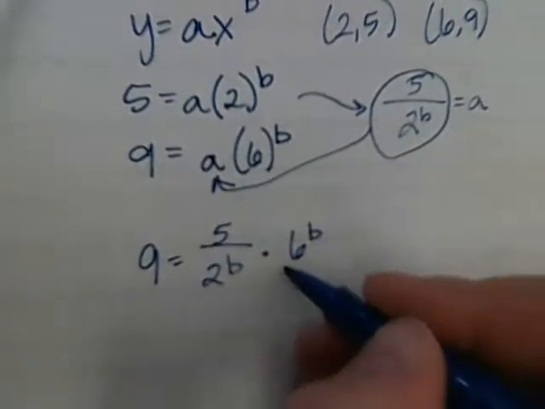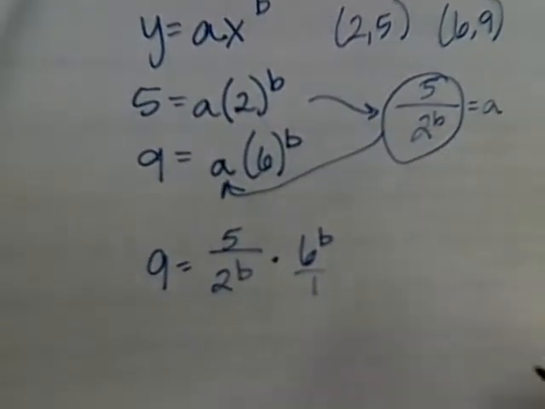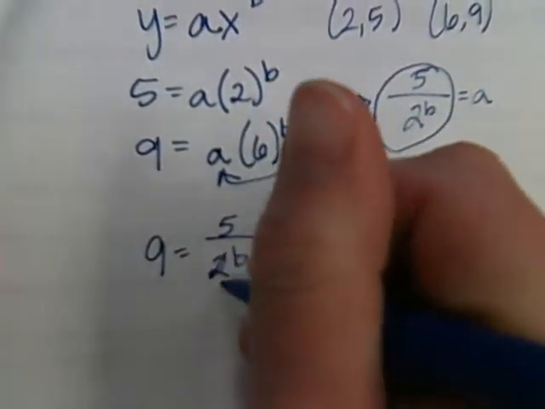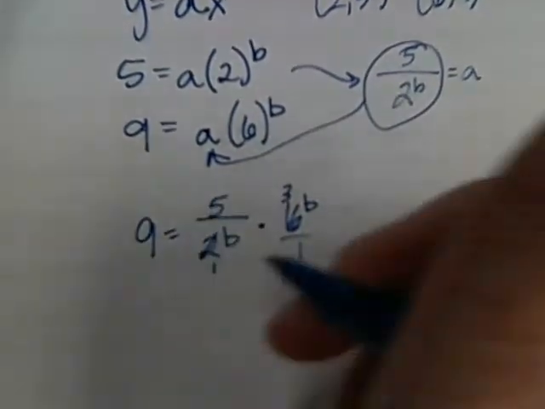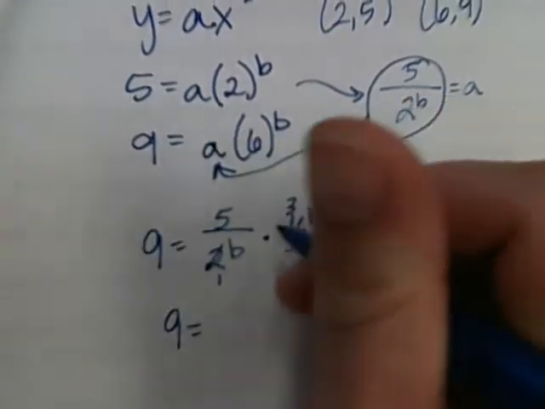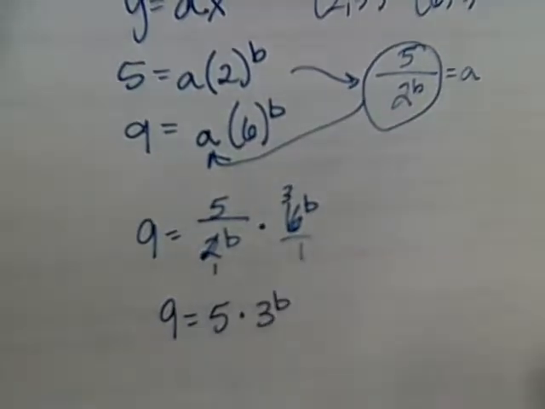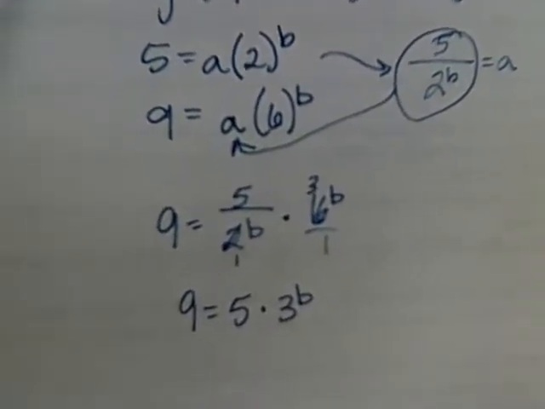Now here, we're still multiplying fractions if we think of that as over 1. But the exponents are the same now, so now we can clean up the bases. And I would have 9 equals, I can't multiply these guys because they don't have the same exponent, 5 times 3 to the b. Still trying to get that b by itself.